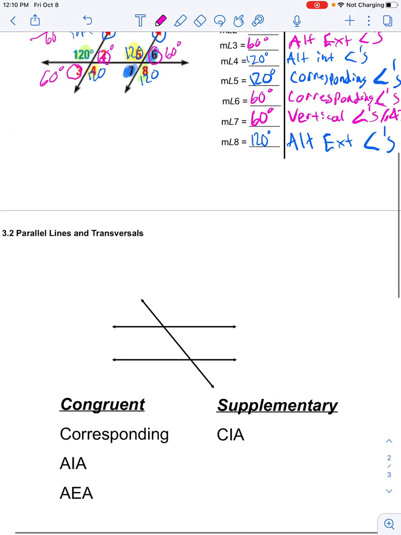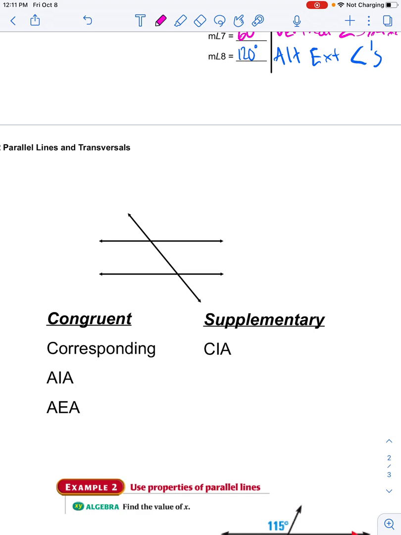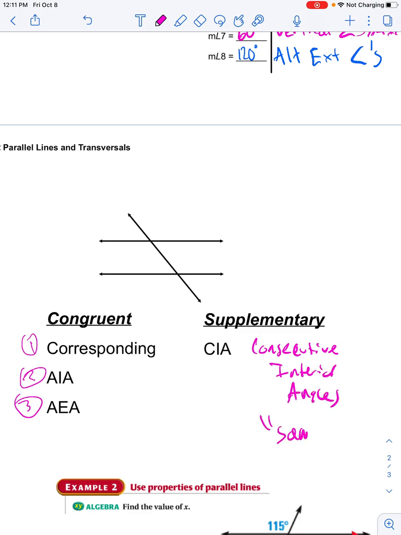Very important that corresponding angles are congruent, alternate interior angles are congruent, and alternate exterior angles are congruent. Consecutive interior angles, again, I like it as same side interior angles.